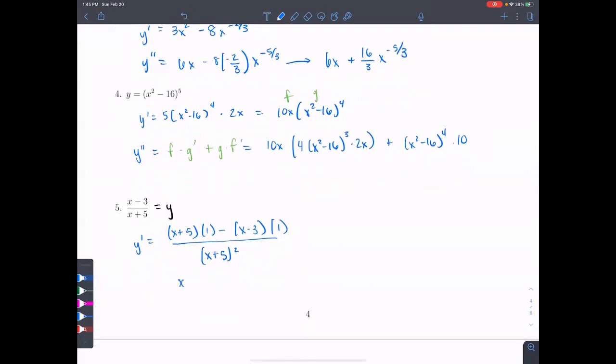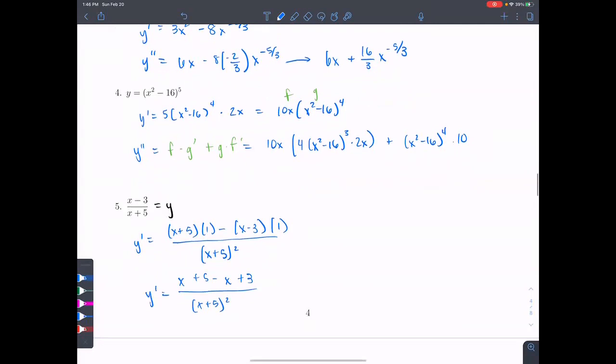That is x plus 5 minus x plus 3 on the top, x plus 5 squared on the bottom. I'm simplifying only because I'm going to have to take another derivative. That's 8 over x plus 5 squared. Oh, this is nice. That's good.